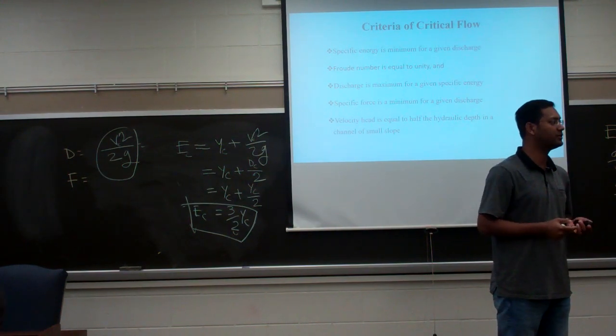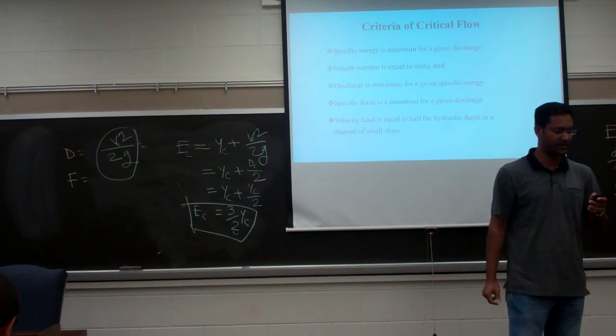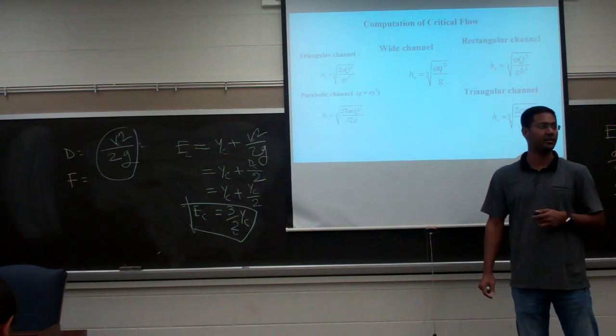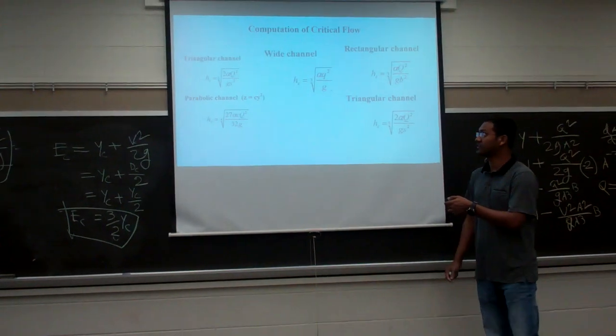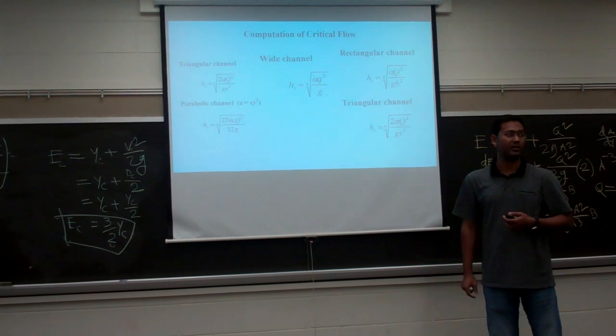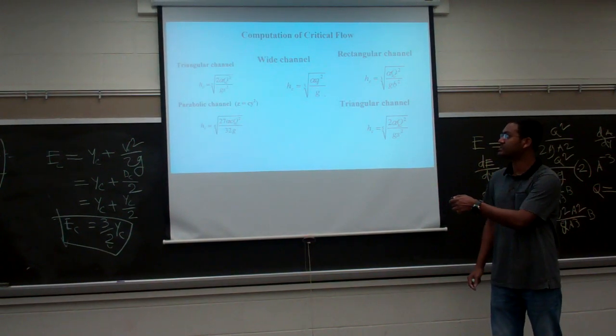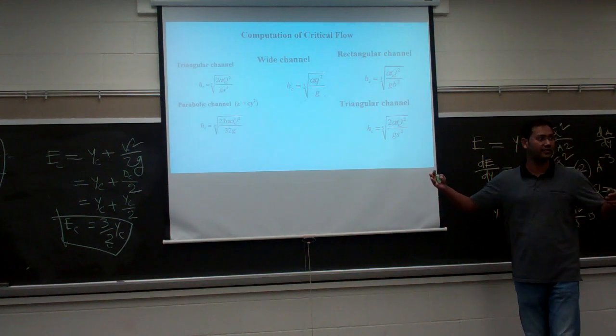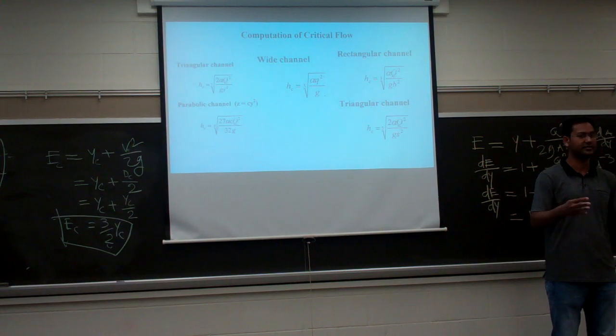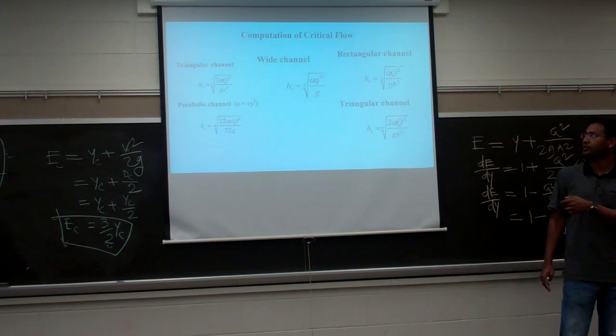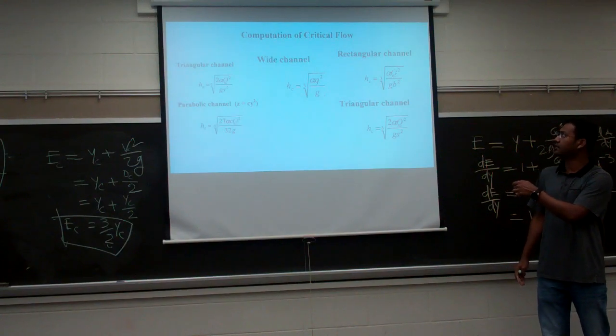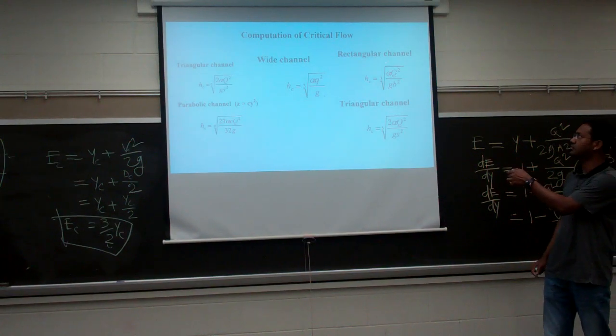So how can I compute the critical depth? There are some equations here already. We derive this equation. If the channel section is triangular, we can directly use this equation. If it is wide channel or large river which has several kilometer width, we can use this equation. And if it is rectangular, for this section we can use this one.